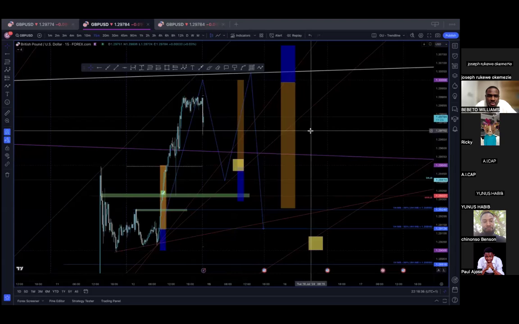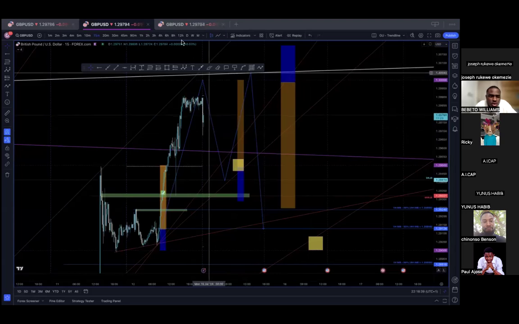It's saying screen sharing is paused. Yeah, play it. Can you see my screen now? 100%. Very well. Okay, thank you.